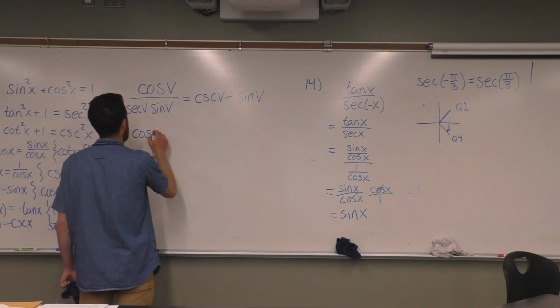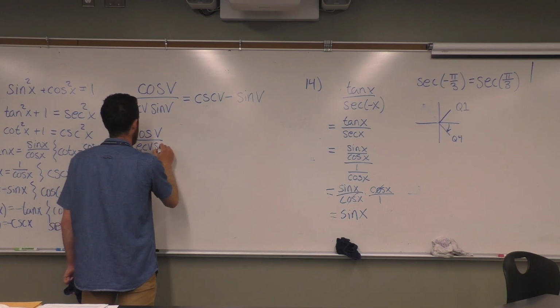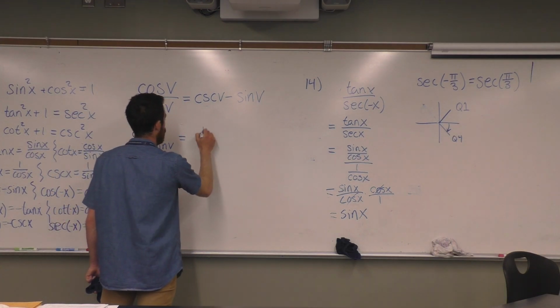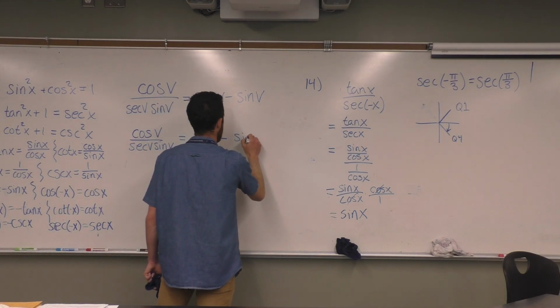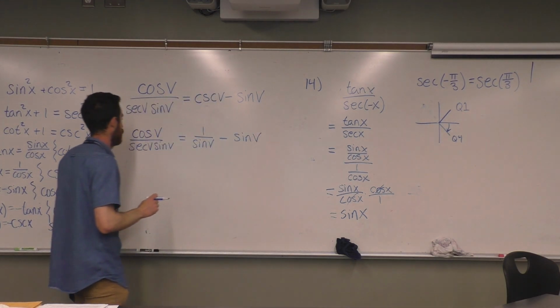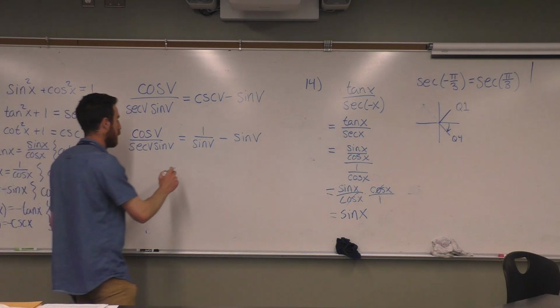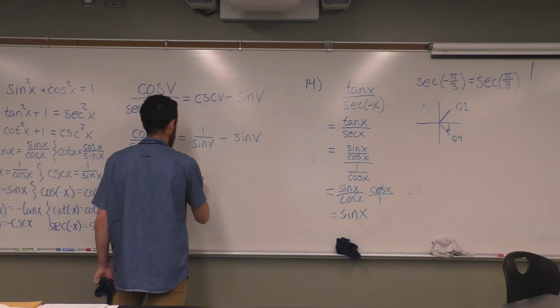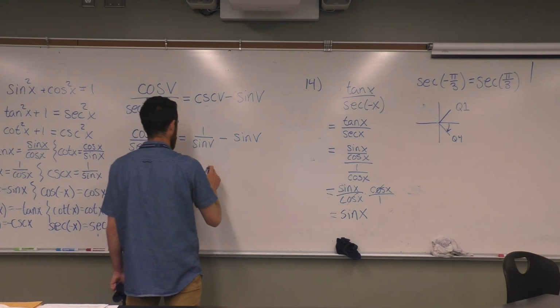Cosine of v. I see. We're going to need to do a little bit to both, but I want to work with the right side first. Make that in terms of sine. I need a common denominator.